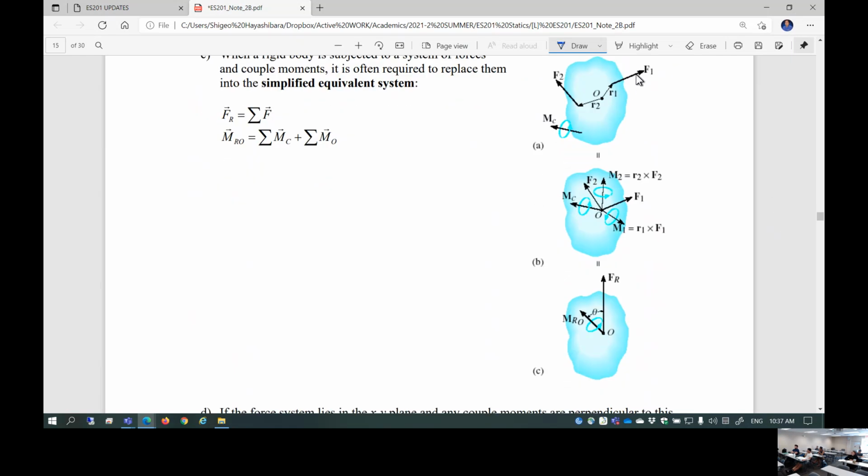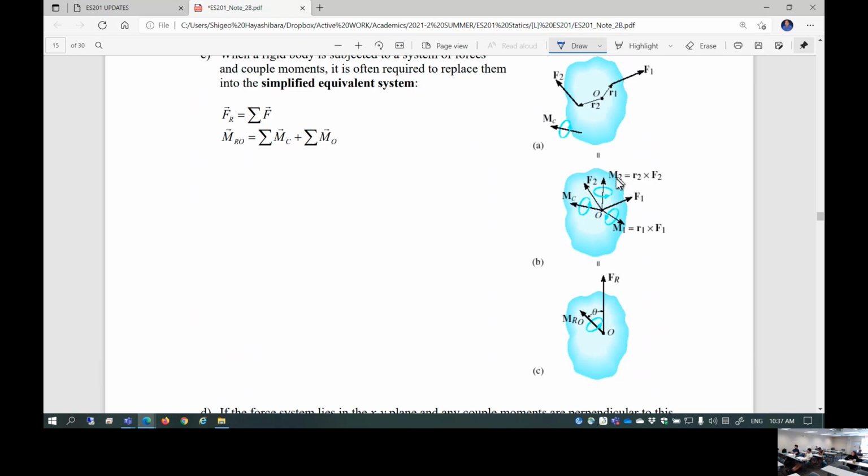You can move those forces F1, F2 to the point O. As you move them, a couple moment shows up because F1, F2 are not lined up with the line of action of each force at the point O. So as you move F1, F2 to the point O, you are going to introduce couple moments. The original couple moment can be freely moved to point O.